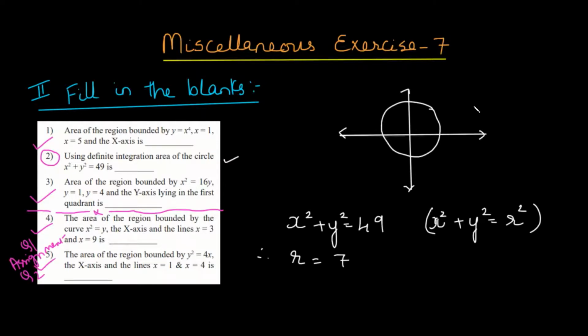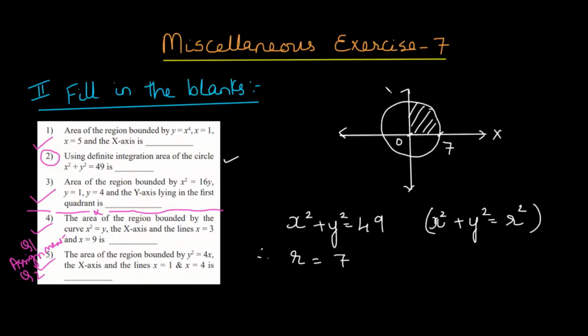So the circle touches the x-axis at 7. That means if you find the area of the portion of the circle coming in the first quadrant, between the lines x is equal to 0 and x is equal to 7, then you can multiply that area by 4 and get the area of the entire circle.